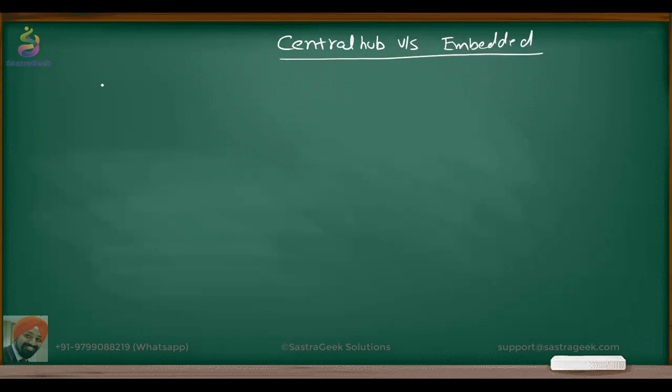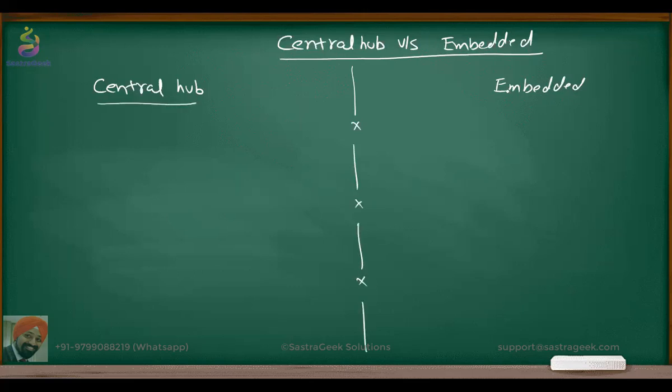So let's say these are the features which I am putting for Central Hub, and these are the features which I am putting for embedded. Any components which are there as a Central Hub. Okay. So this first point which I will talk about is common for all of the add-ons, whether it's SRM, MDG, or a gateway system.